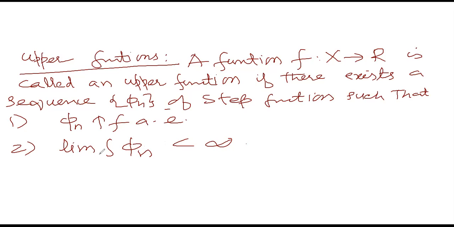So we take the limit of it, and if this limit is finite, then we say f is an upper function. This sequence is called the generating sequence for f.